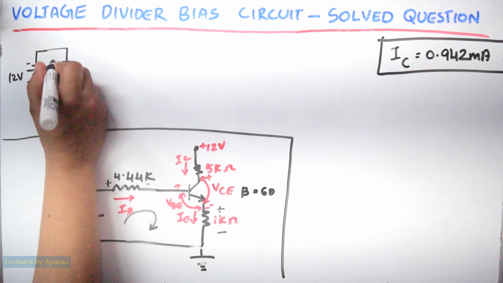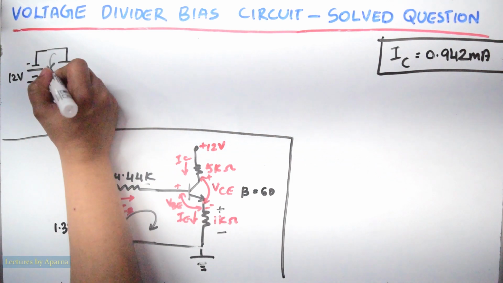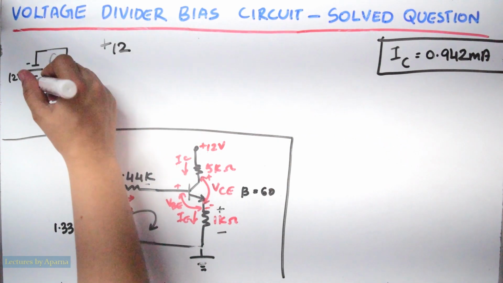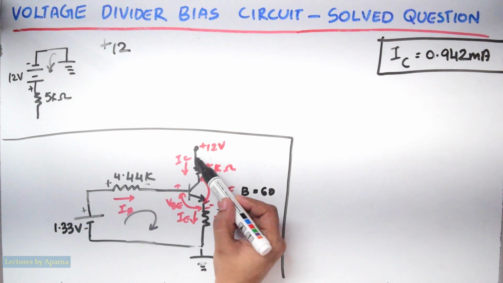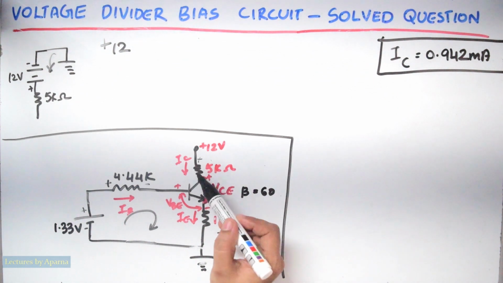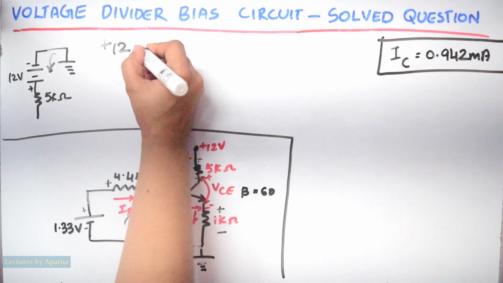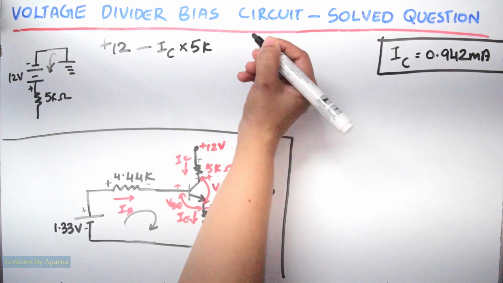So we have to do the analysis like this. When we go in this direction, it is an increase in potential, so plus 12 volt. When we reach here, it is a decrease in potential because current is flowing in this direction from plus to minus, higher potential to lower potential. So it will be minus IC into 5K.